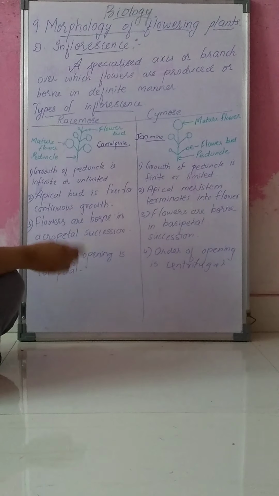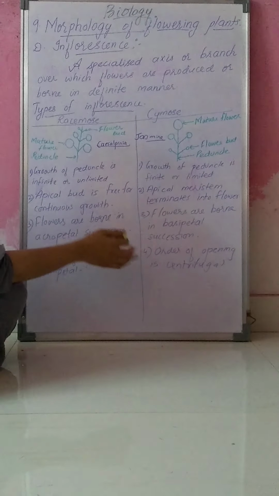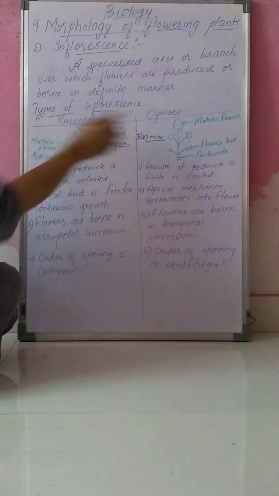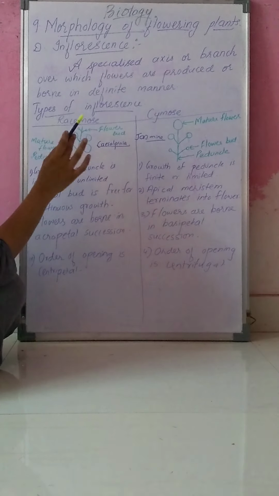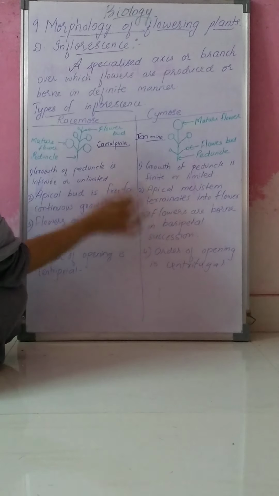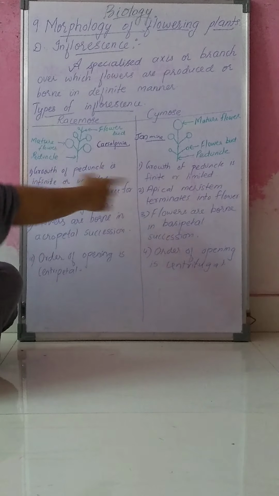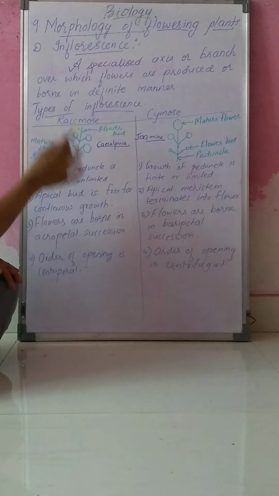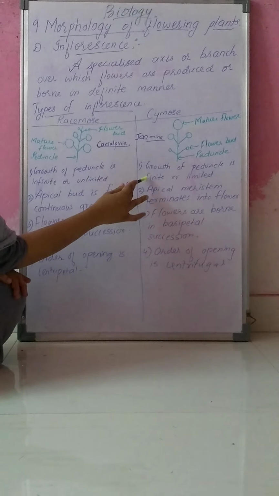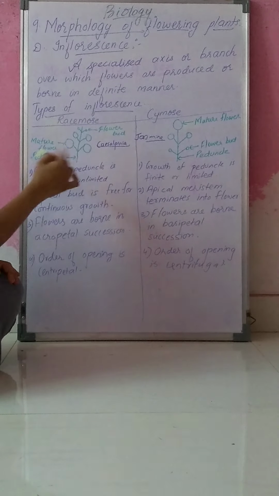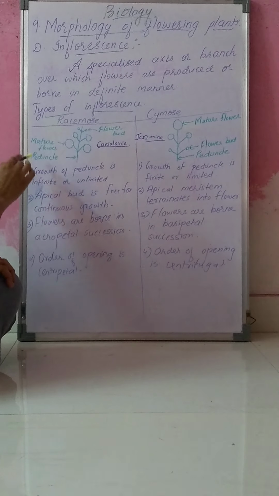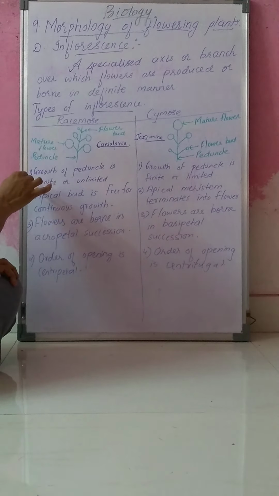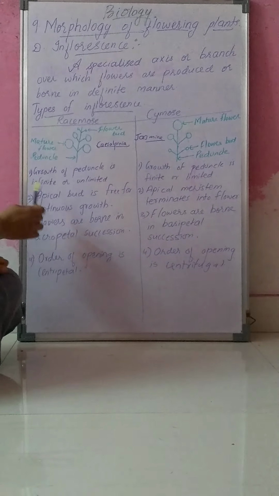Okay, and if the question is in the distinguish form, then you have to make 2 columns, and you have to write racemose in one and cymose inflorescence in the other, and you have to explain it in the same way. Means you have to write opposite points. Every point should be such that if you are writing here growth of the peduncle is infinite or unlimited, then the opposite point of this should be written for the cymose inflorescence.